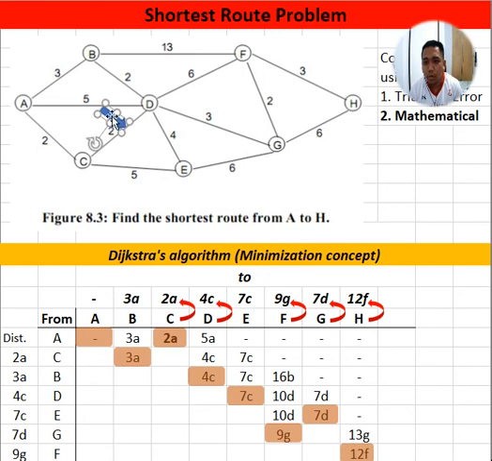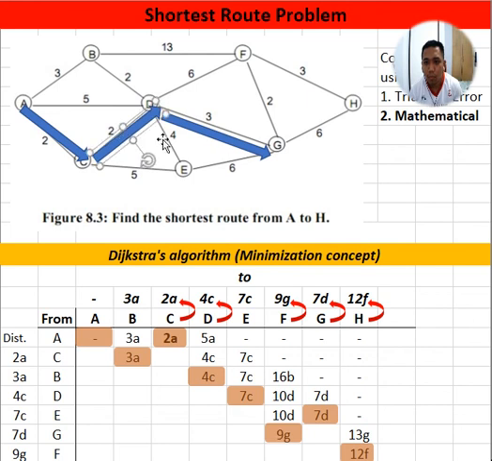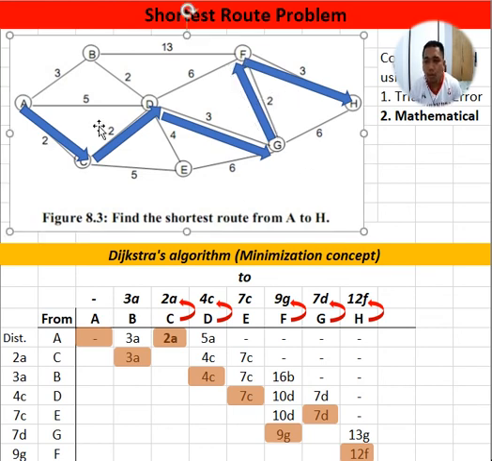Ang atin daw shortest path is A, C, D, G, F, H. Yan. Yan daw yung ating shortest path. Sabi, siya ay 2 plus 2, 4, plus 3 is 7, plus 2 is 9, plus 3 is 12.